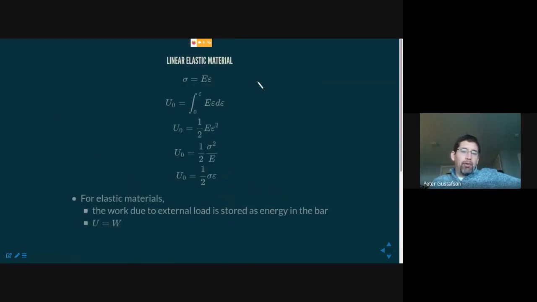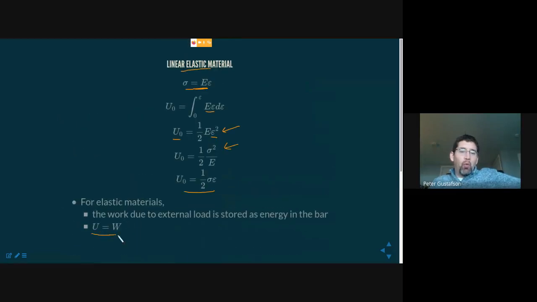Now that presents us with this idea that work and energy are related to each other. If we're an elastic medium, the work due to the external load is stored as strain energy in the bar. This assumes no dissipation, no plasticity, no friction. In that case, the stored strain energy is effectively equal to the external work.